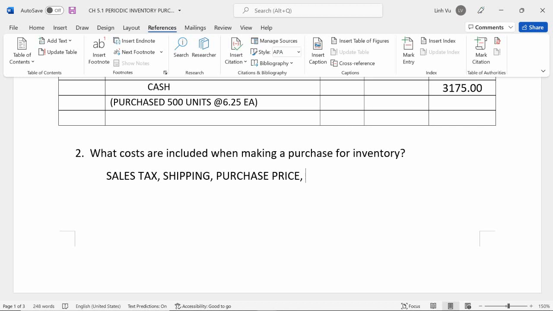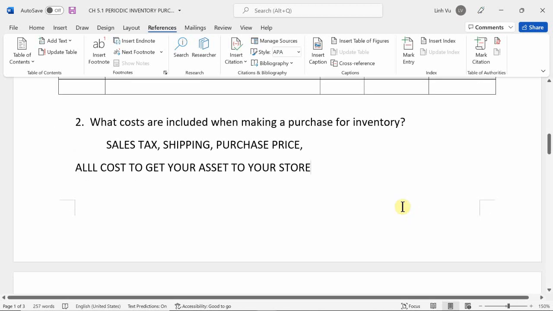To sum it all up, it's all costs to get your asset to your store. That's the key phrase: to get the items to your store.